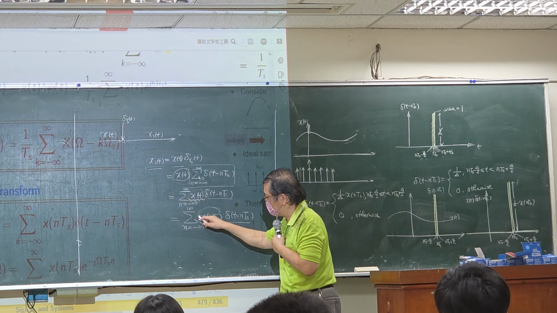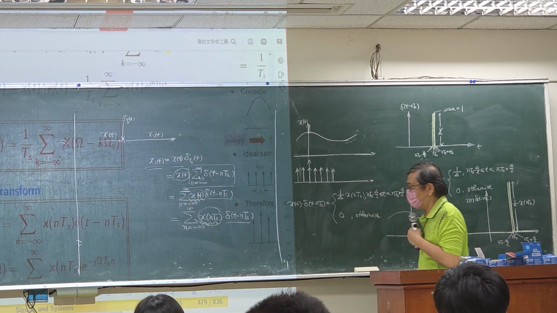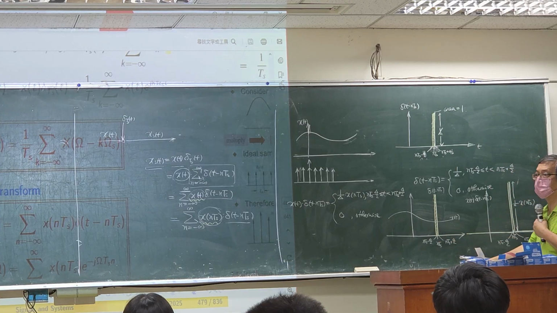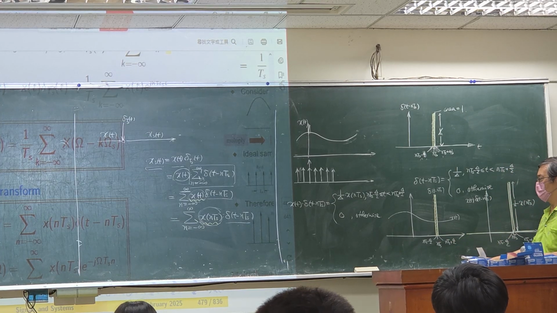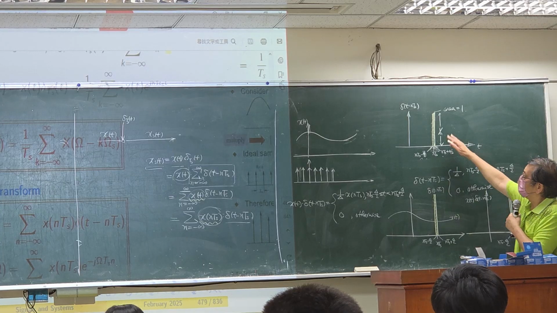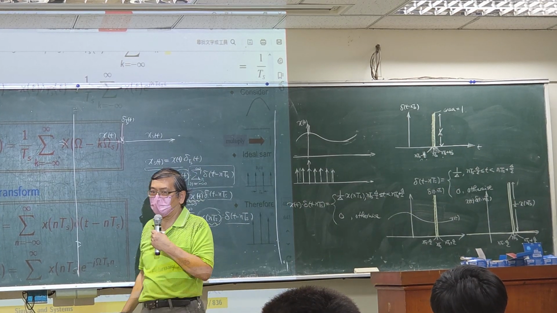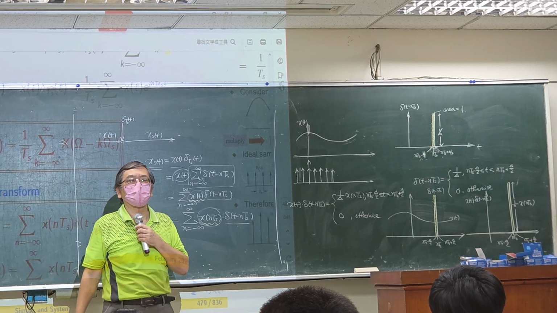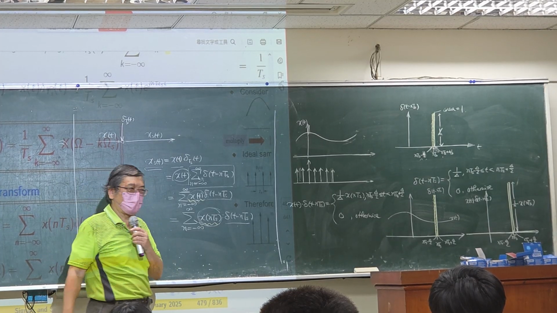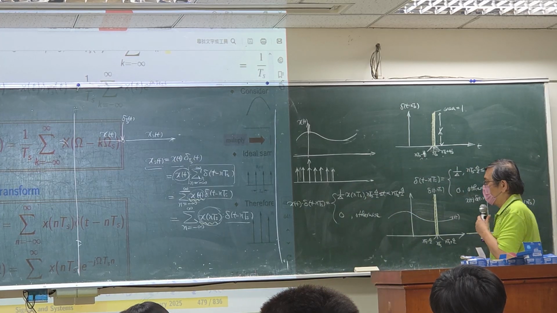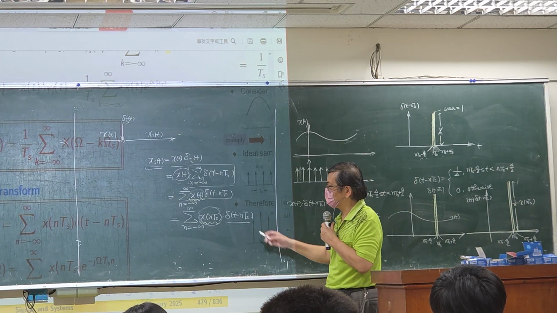Okay? So that's why at every nTs, this x(t) can be replaced by the function value at that sampling instant. Using this rectangular function to represent the delta function, I think it's much clearer and much easier to understand why it can be written in this way.